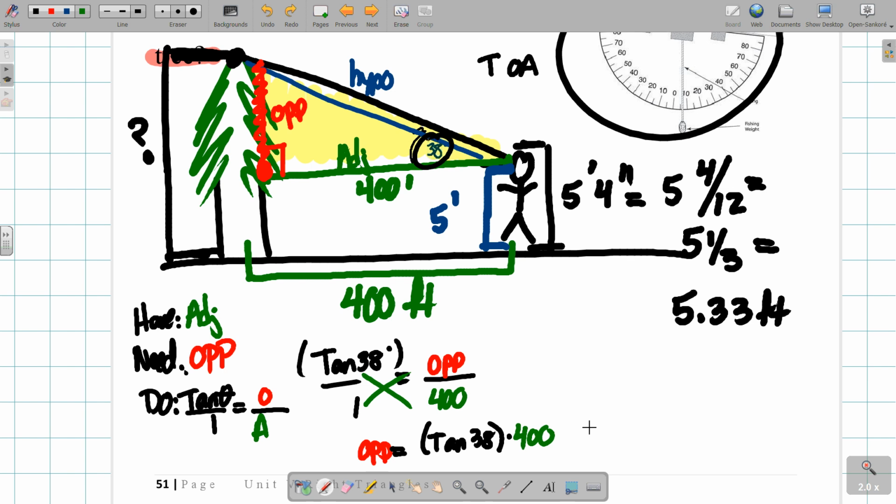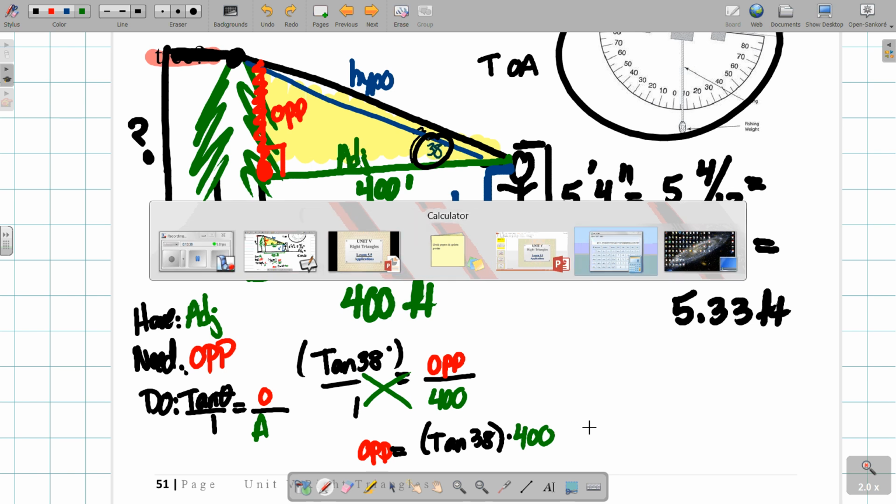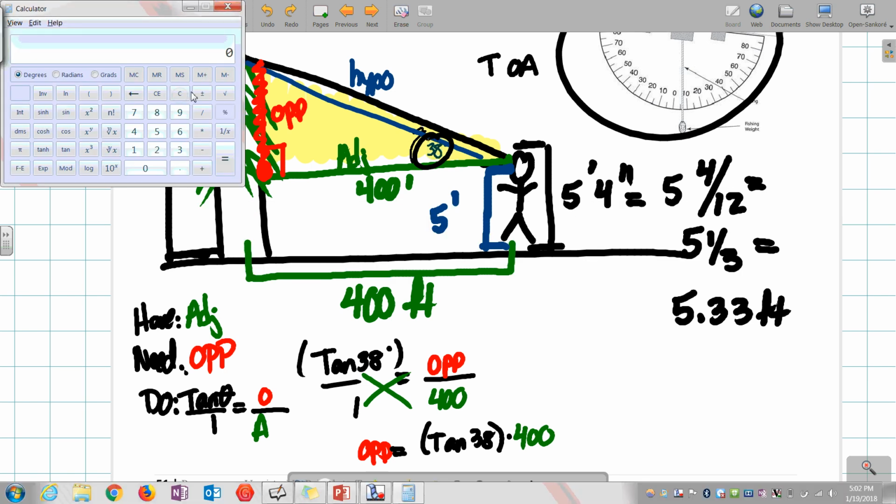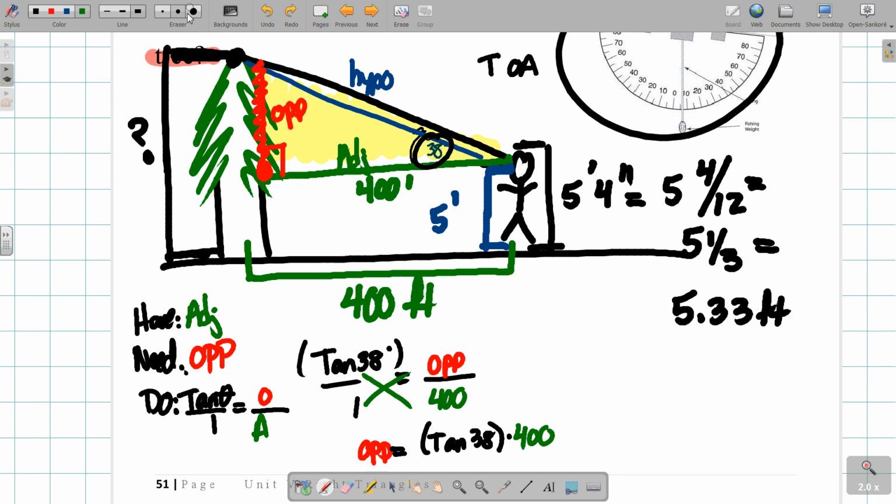Your unknown is by itself. Let's do our math here. You want to follow along, write this down. 38 tan times 400. Take it to the second decimal place. So we just found that opposite red side is 312 feet, 0.51, 312.51.